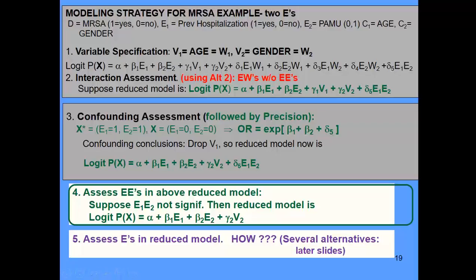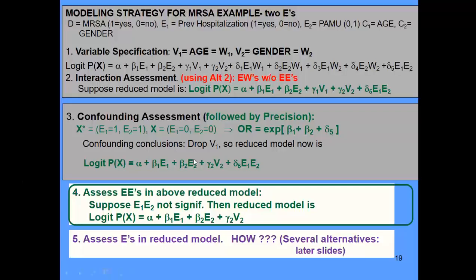The MRSA data set we were dealing with considered previous hospitalization and previous antimicrobial drug use, PAMU, as the 2 exposures, and there were 3 control variables. The model we wound up with after looking at alternative 2 had no interaction terms, it had the 2 exposures, and it had only one of the 3 potential confounders in that model at that stage.